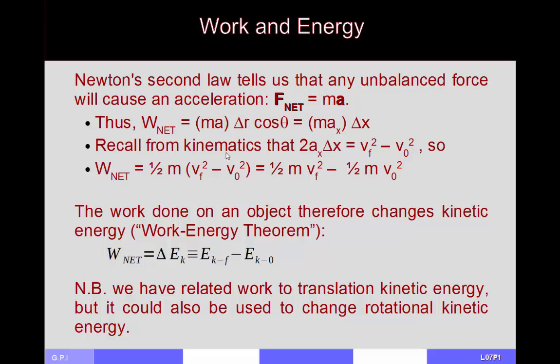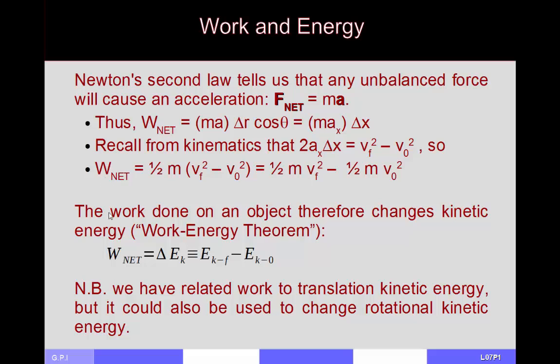In any case, you can recall from the kinematics that we had this time-free equation, which basically related acceleration times distance to the final and initial speeds of an object. And again, we're assuming a constant force, therefore we have a constant acceleration.